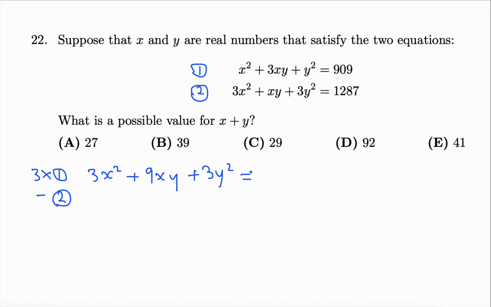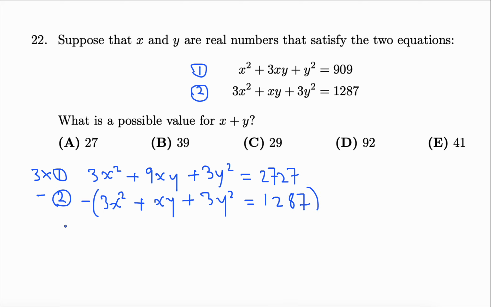I'm doing this to hopefully be able to eliminate some of the terms. 3 times 909 is 2727, right? And we're going to subtract the second equation, 3x squared plus xy plus 3y squared, and subtract 1287 from there. We're subtracting this whole thing.